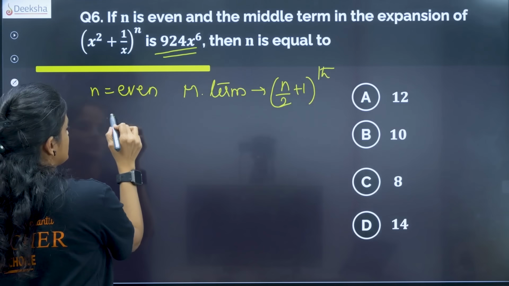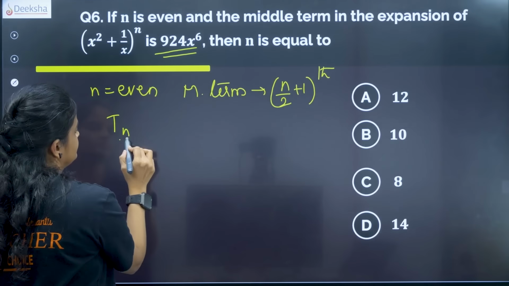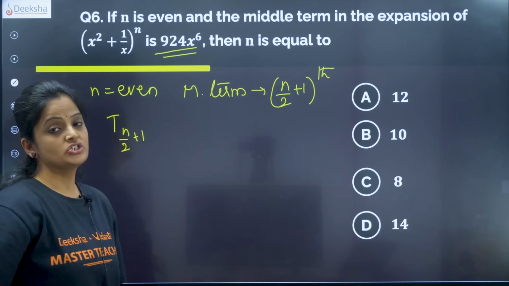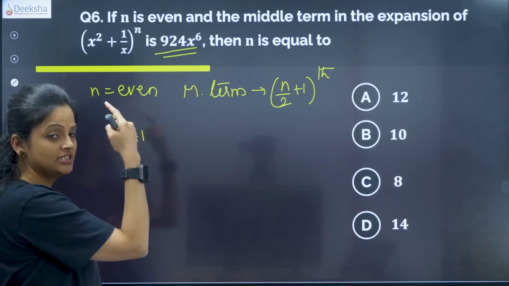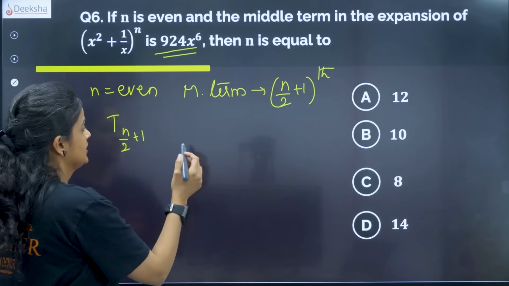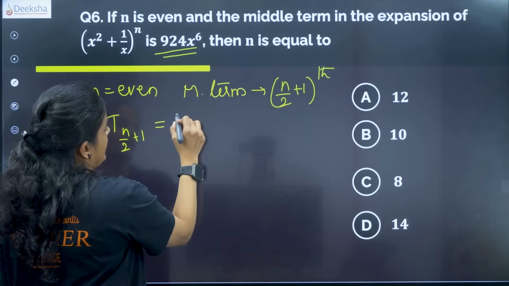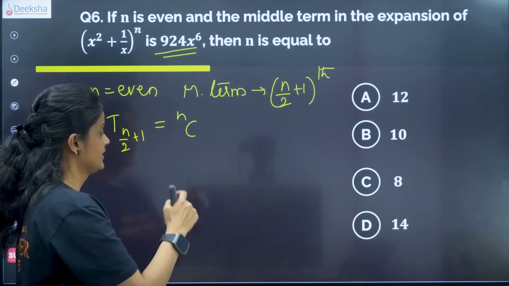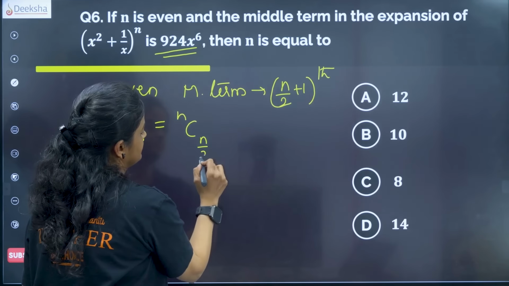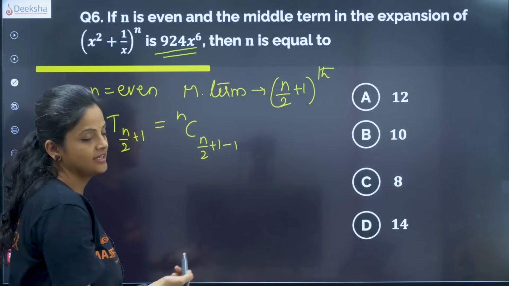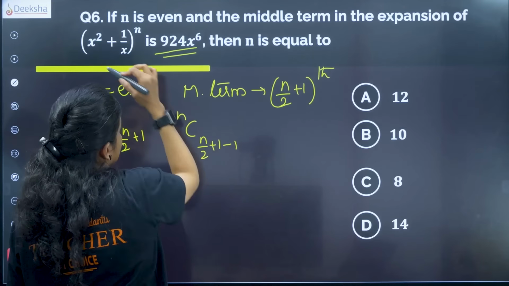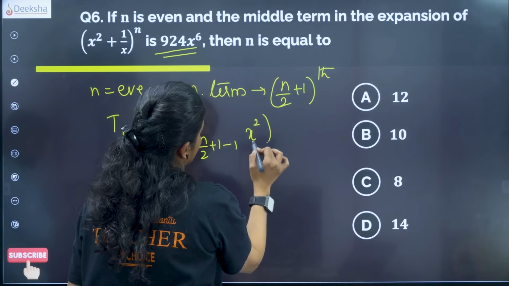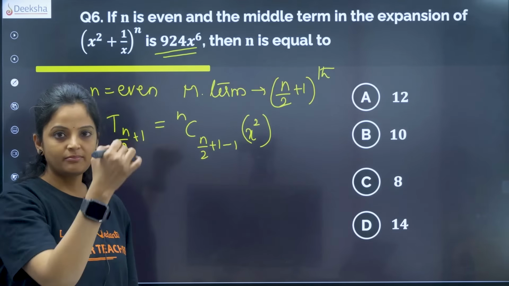Now I am writing the general term for this. Which term am I writing? The n by 2 plus 1th term. So it has to be t of n by 2 plus 1. That is equal to nC n by 2 plus 1 minus 1, because 1 less than that is the r value, right? And the first term is x square whole to the power of n minus r.